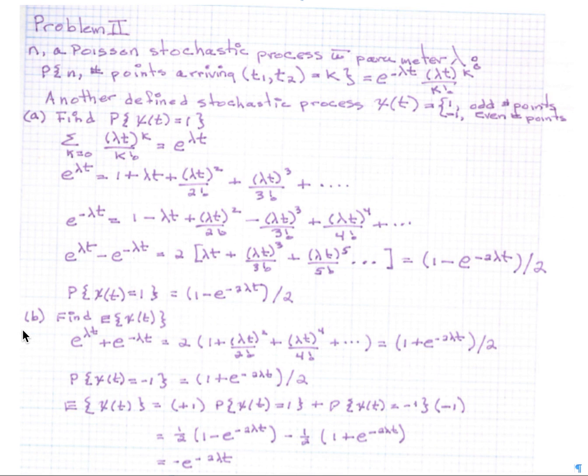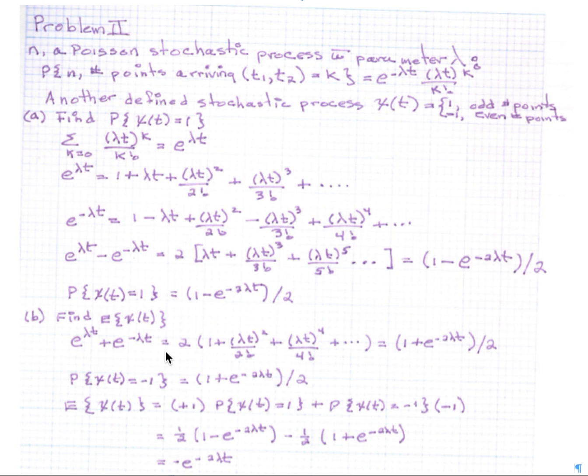Part 2, or B, requires that we find the expected value of X of t. Here, as opposed to what we did in the first part, we're going to add e to the lambda t plus e to the minus lambda t. This maneuver will do the complete opposite of what occurred in the first part, where we will separate out all of the even points.